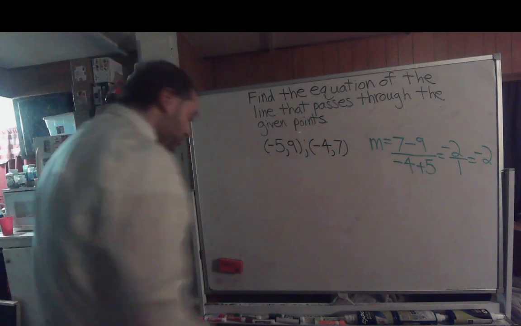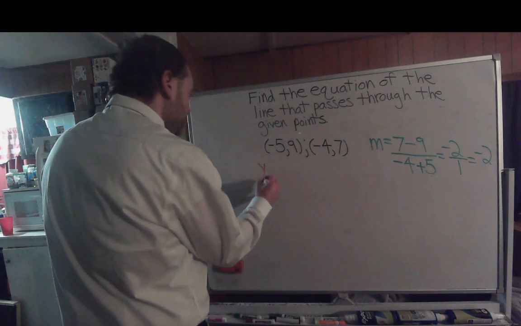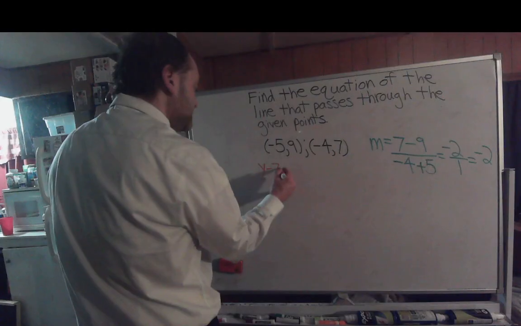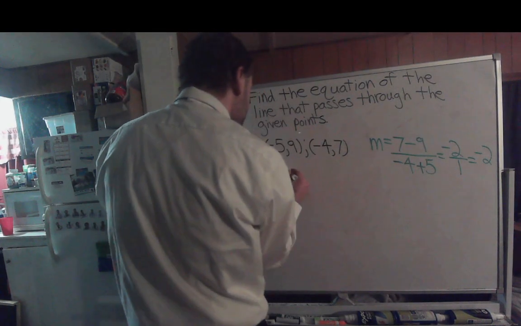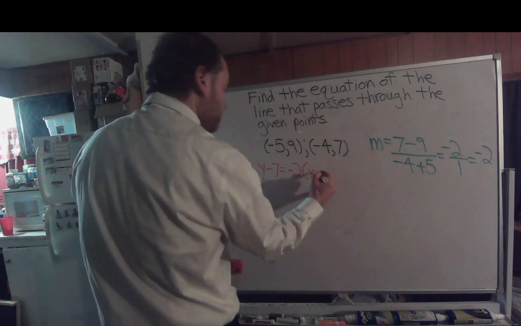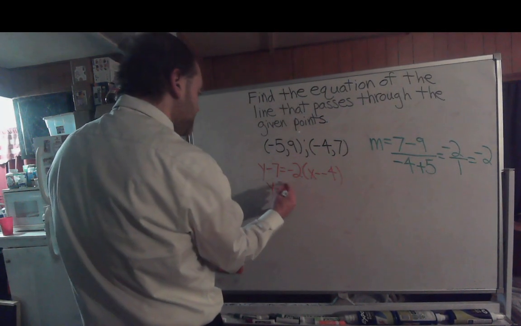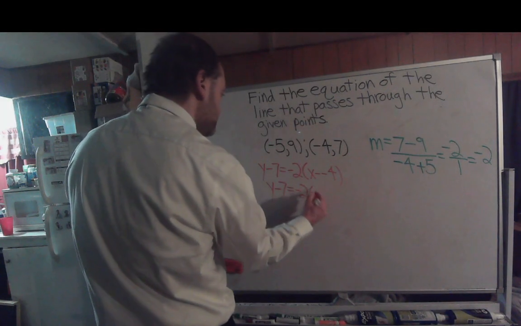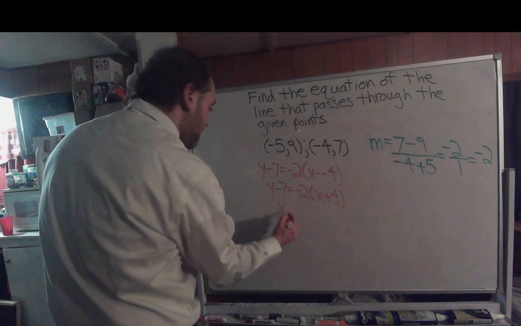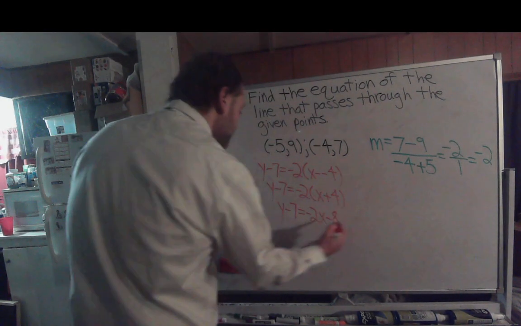Now let's go ahead and do ourselves a favor and find the equation. So take y minus, I'm going to go with the point negative 4, 7. So y minus 7 would equal that slope of negative 2 times x minus your x coordinate of negative 4, which would give me y minus 7 equals negative 2 times the quantity of x plus 4, which would give me y minus 7 equals negative 2x minus 8.